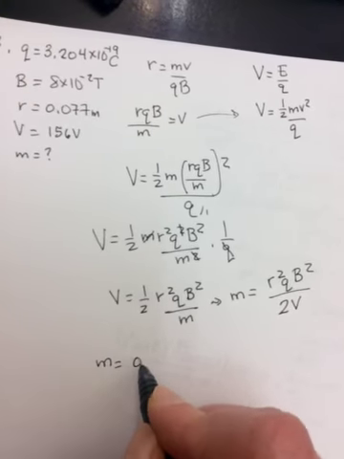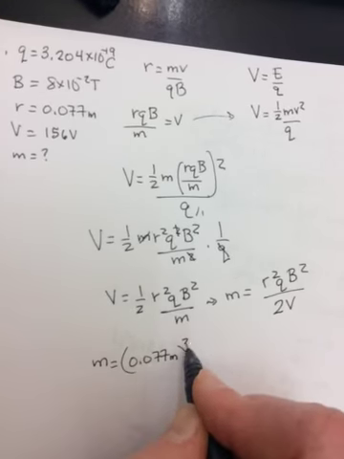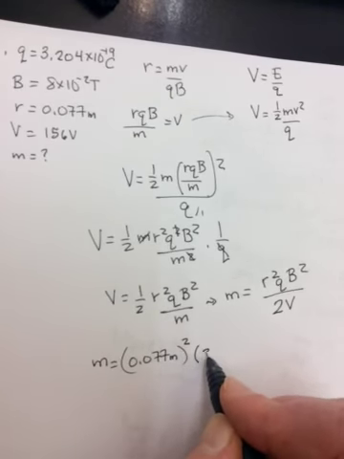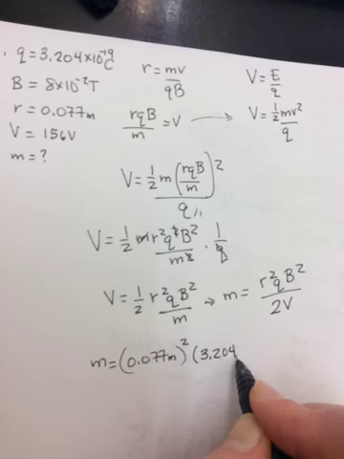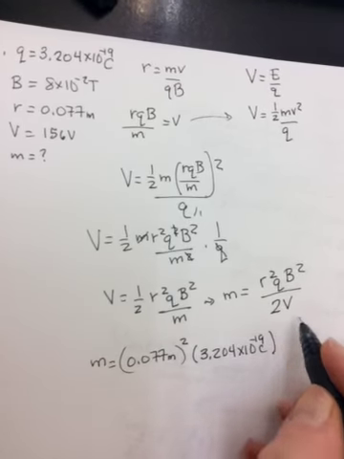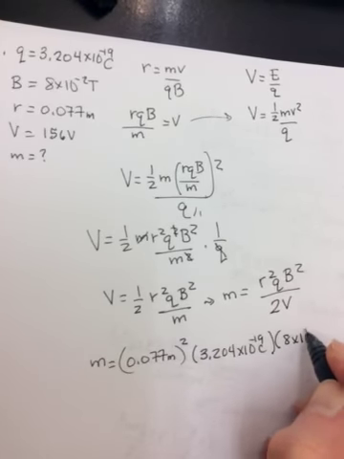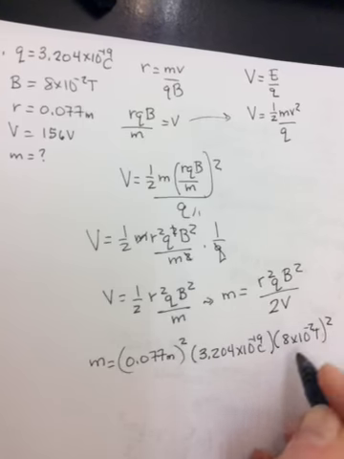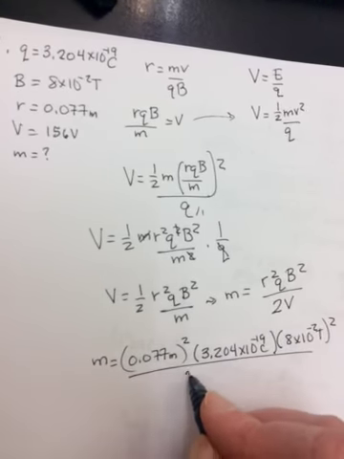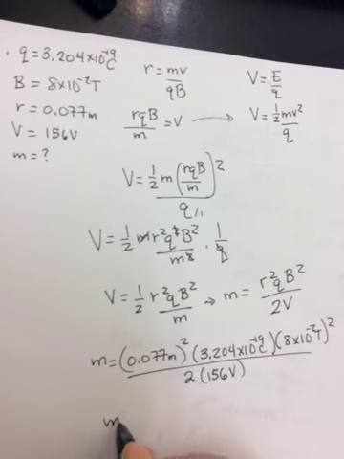Now I can fill in my numbers. R, they told us, was 0.077 meters, and that's squared. Q, 3.204 times 10 to the negative 19 coulombs, that is not squared. B, 8 times 10 to the negative 2 teslas, that is squared. Divided by 2 times 156 volts. M equals.